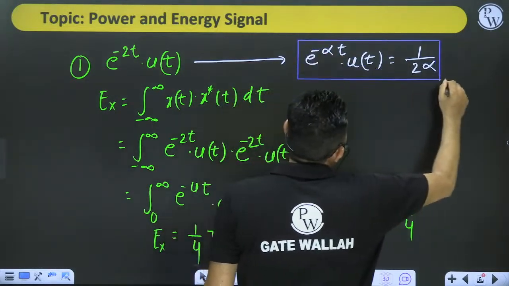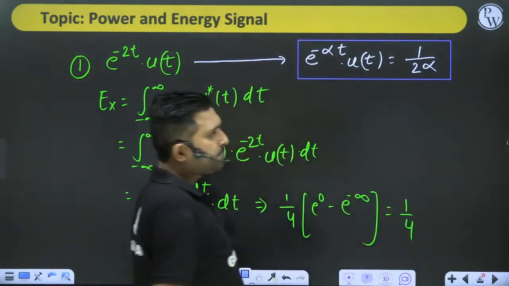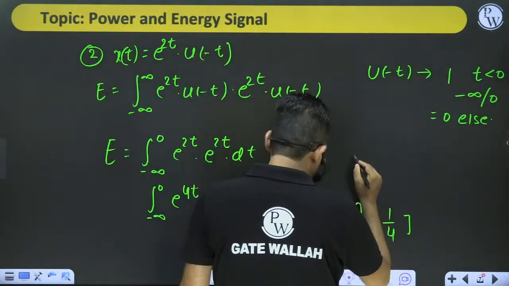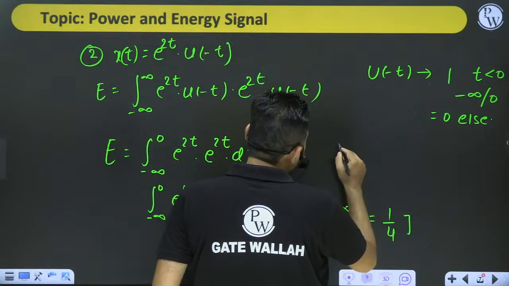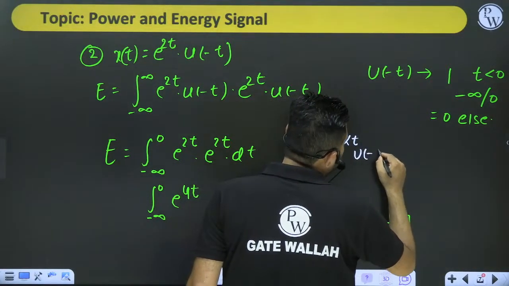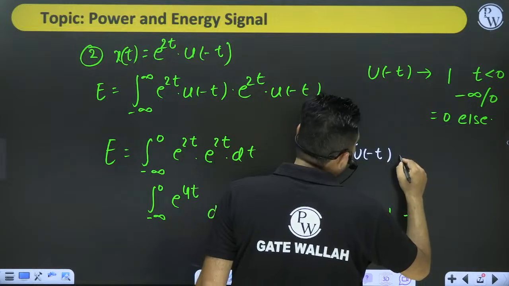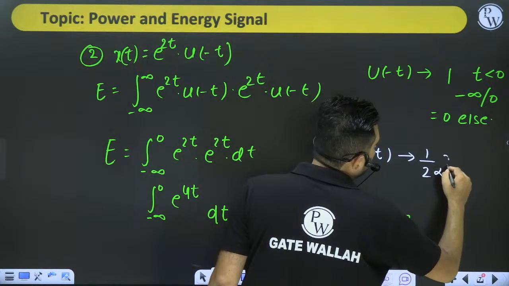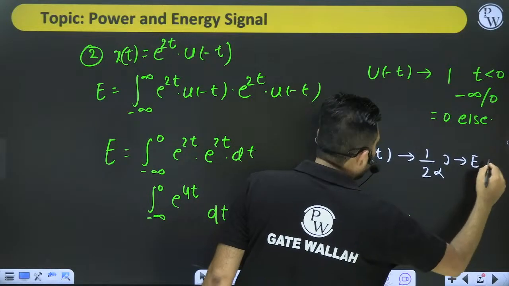In general, we have this energy. Similarly, if we have e to the power alpha t u(minus t), then the energy is again 1 by 2 alpha joule. That's what my energy is. Again, box it.